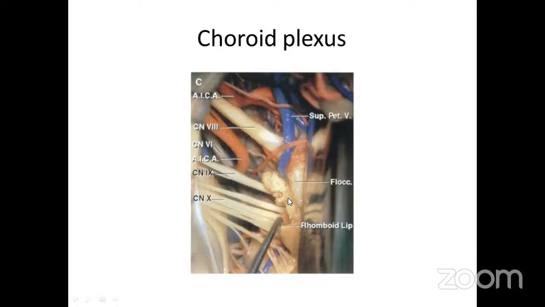The choroid plexus lies over the dorsal surfaces of the glossopharyngeal and vagus nerves, and it is inferior to the 7th and 8th nerve complex. So below is the flocculus, anterior to it is the choroid plexus, and in this fissure is the foramen of Luschka, from where the choroid plexus arises and lies on the posterior surfaces of the glossopharyngeal and vagus nerves.